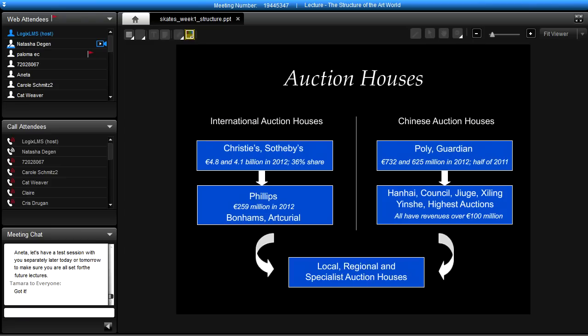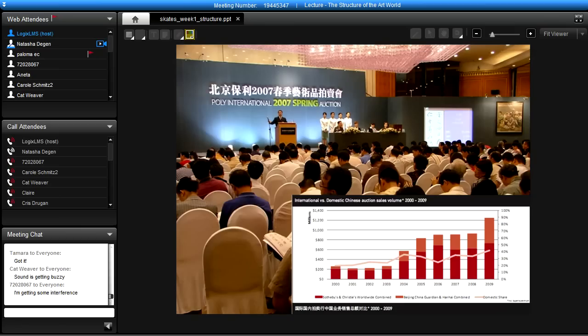Baoli was only founded in 2005. So this is absolutely remarkable and breakneck speed in terms of development. Guardian was founded in the mid-90s. So relative to Christie's and Sotheby's, this is really startling development and very, very recent.